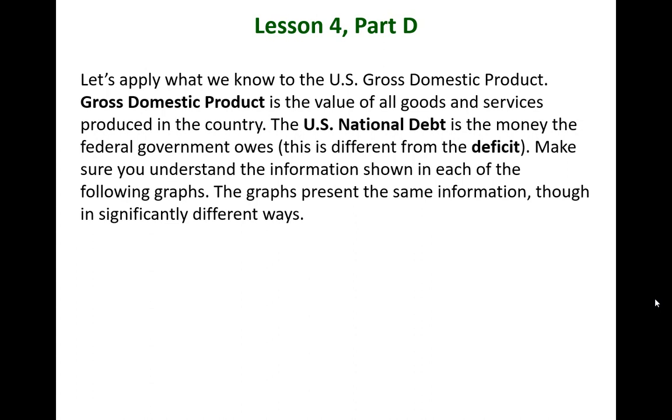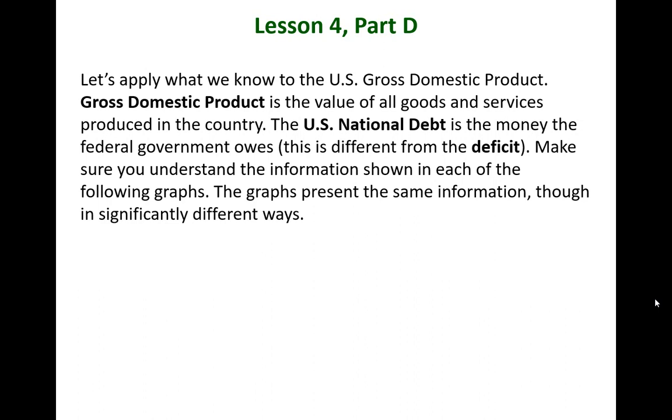Okay, if you figure your household budget, if you make $50,000 a year, but you spend $52,000, you have a $2,000 deficit. You may still owe $100,000 on a mortgage on a home and $25,000 on a car. That's your debt. So the national debt is the money the government owes.